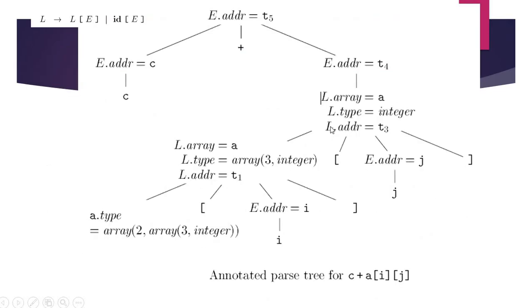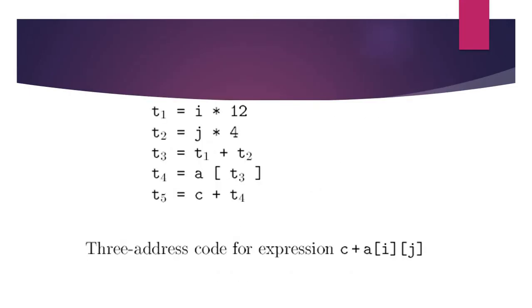So all those are used here. E.address produces the array value, the type, the address, all those things are used here. If you see the array and its type, for the first dimension A[I] is used, and for the second dimension the j value is used. So this is the annotated parse tree for C + A[I][j].